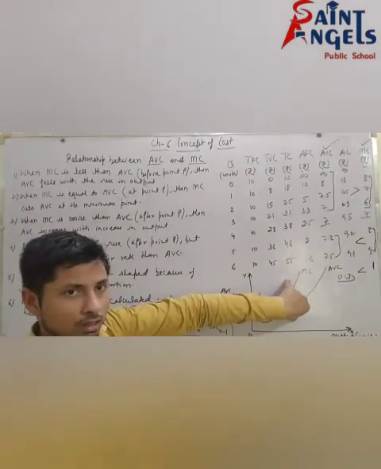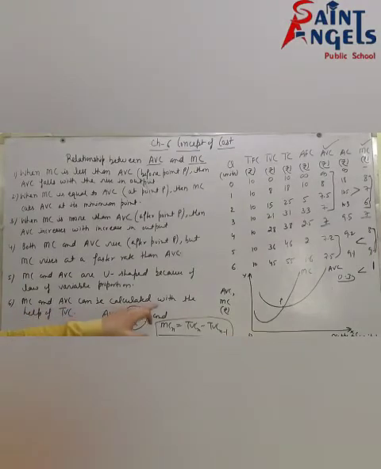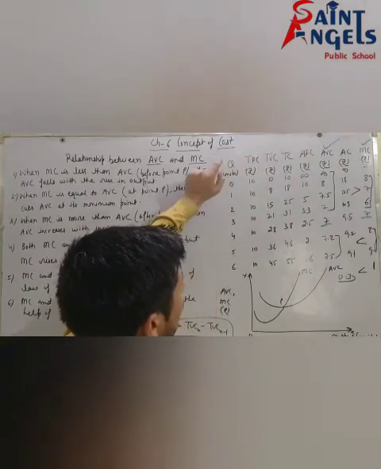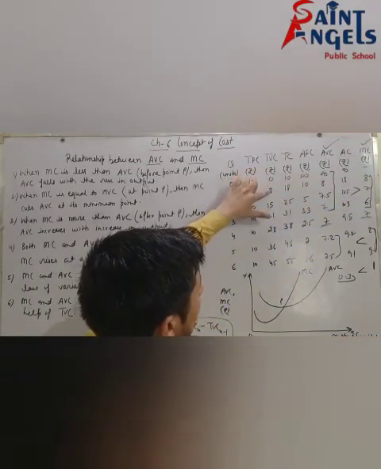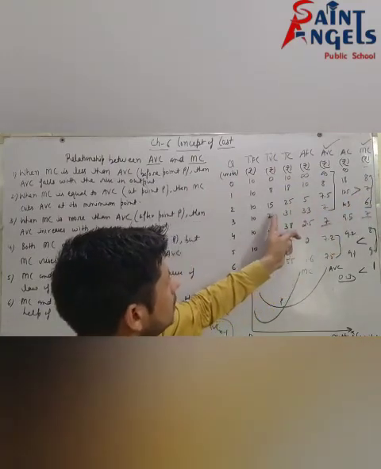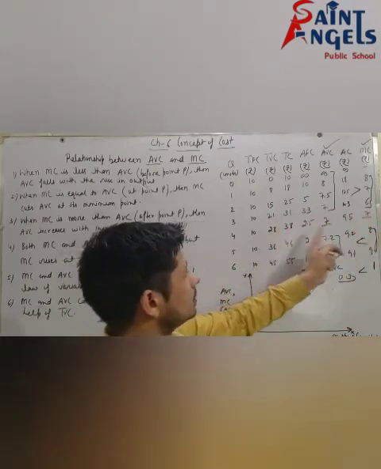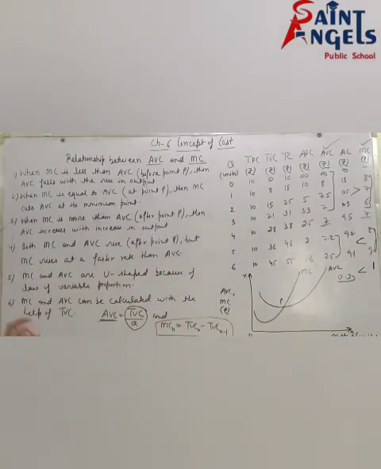You can analyze this in the diagram. MC and AVC can be calculated with the help of each other. The formula of AVC is TVC divided by Q. You will calculate MC with the help of TVC: second minus first, 8, 7, 6, 7, 8, 9. I hope all of you have understood the relationship between AVC and MC. So please pause the video and note this down.